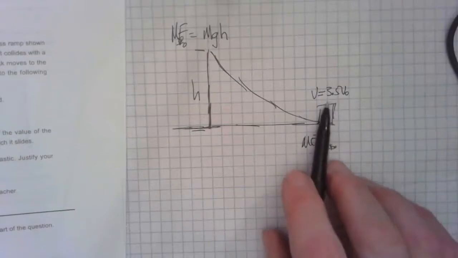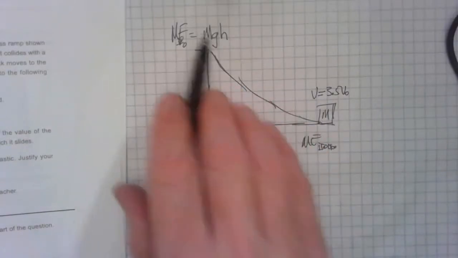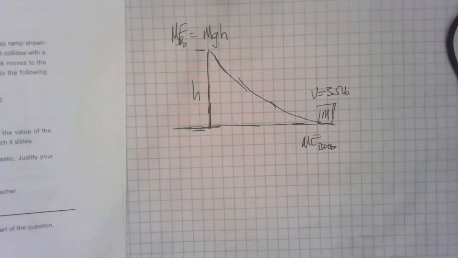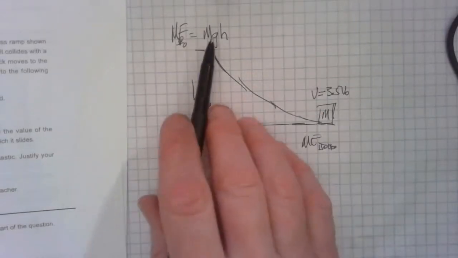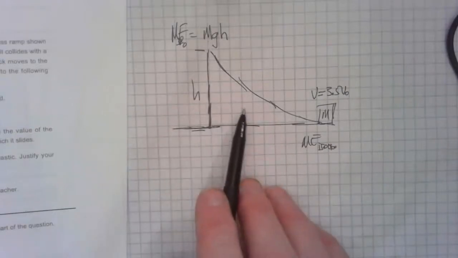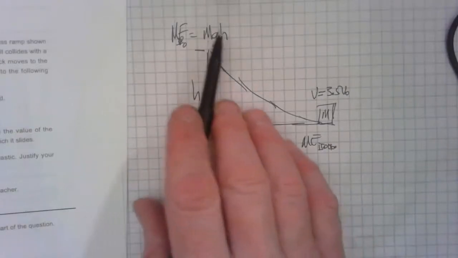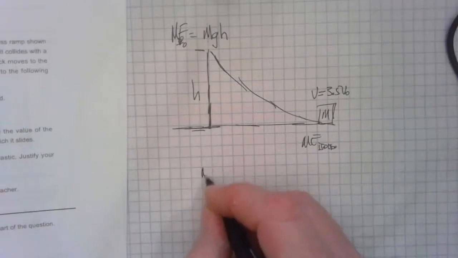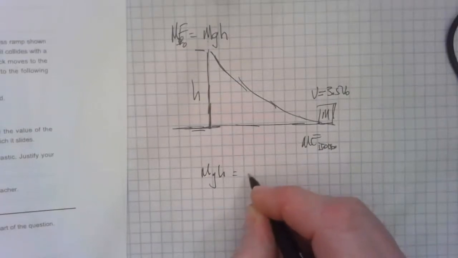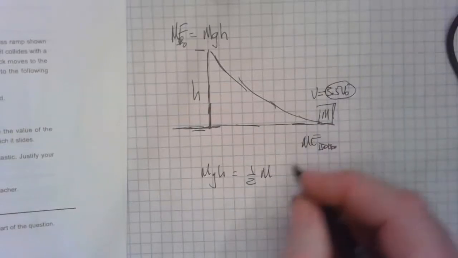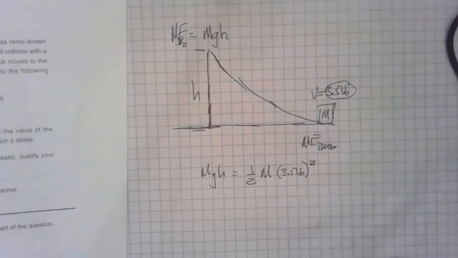So we actually have enough to set these equal to each other. Once again, you're not worried about the fact that you don't have a lot of numbers, and I don't want you to use numbers, but we have an expression for this, and all this stuff that we have here is stuff they've given us. h they gave us, so we're all legal. So we set these two equal to each other. Conservation of energy. So mgh equals 1/2 m times this squared, 3.5 v0, the whole thing squared.